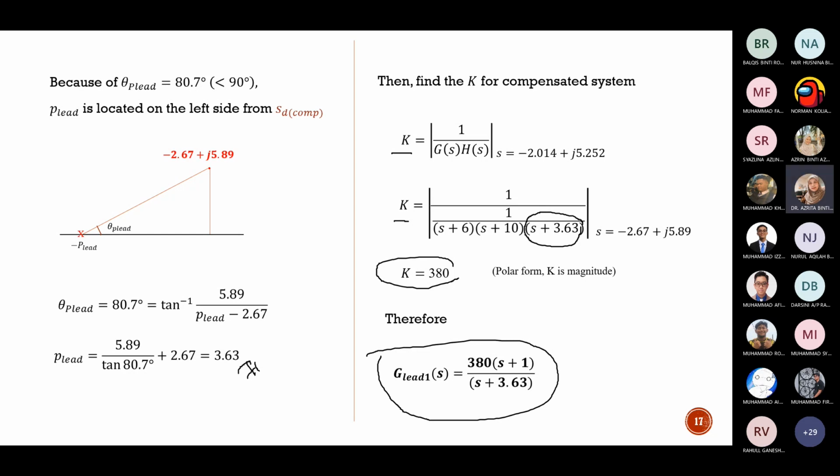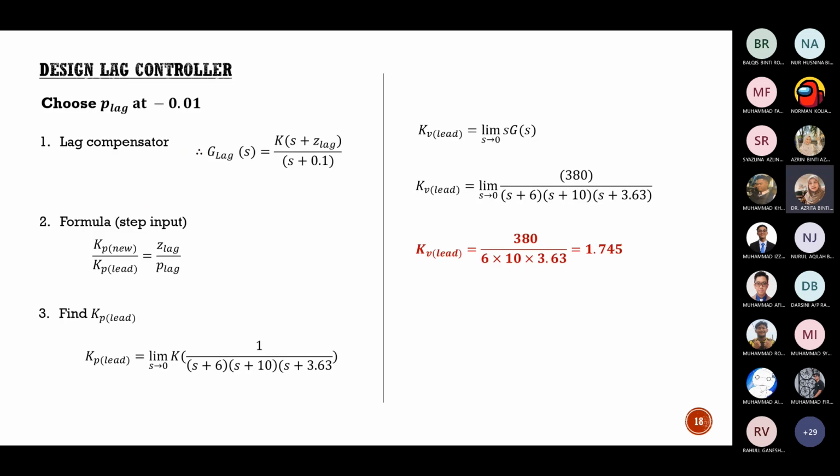Okay, next we will design the lag controller. For the lag controller, we choose p lag at 0.1. This also has a typing error. So I choose my zero at minus 0.1. That's why the transfer function becomes s plus 0.1.